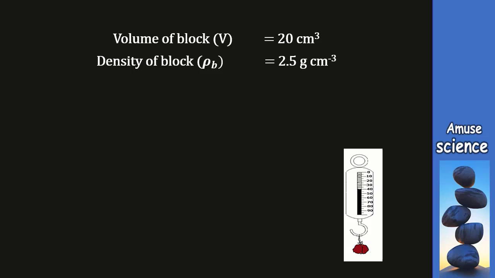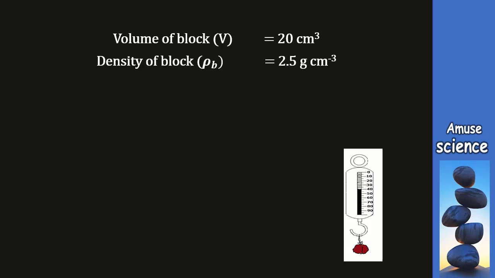And so the spring balance will record a different weight of the block while in the water than when it was in air. And so the demand of the question is actually to find the weight of the block while in the water. That will be the reading of the spring balance.